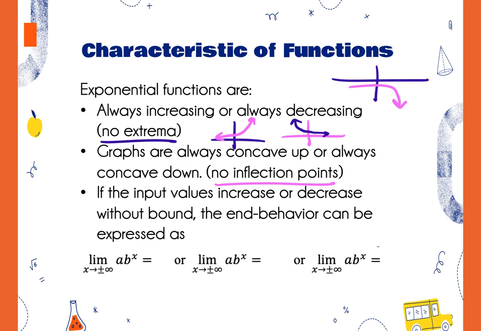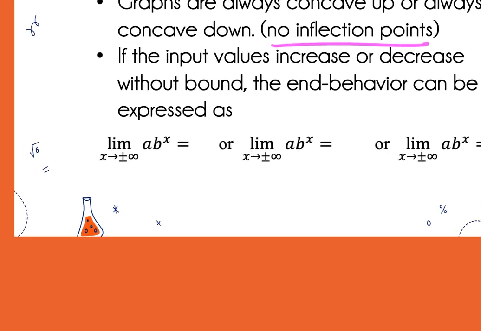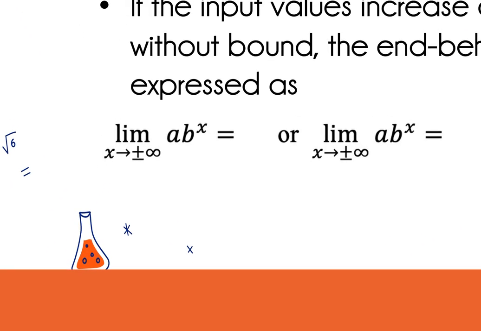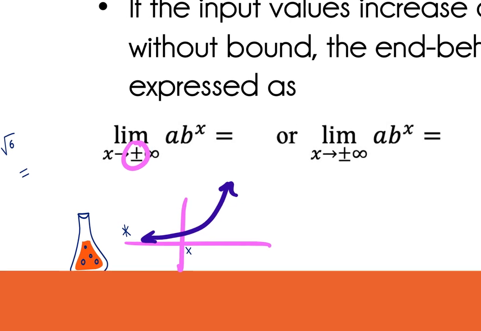So if the input values increase or decrease without bound, then the end behavior is going to be expressed in specific ways. Think about what could happen here. If my input values increase or decrease, which is what this means, it's like on either side, then my graph could look like this, okay? So if it's approaching infinity, let's do this one positive.